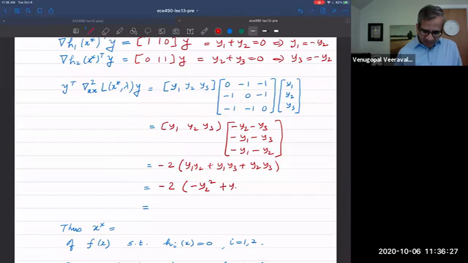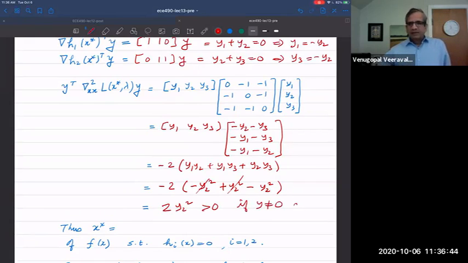So I get plus y2 squared. And then the last term is again minus y2 squared because y3 is minus y2. So this cancels and you get plus 2 y2 squared, which is positive if y is not equal to 0. So we have verified the second order sufficiency condition.